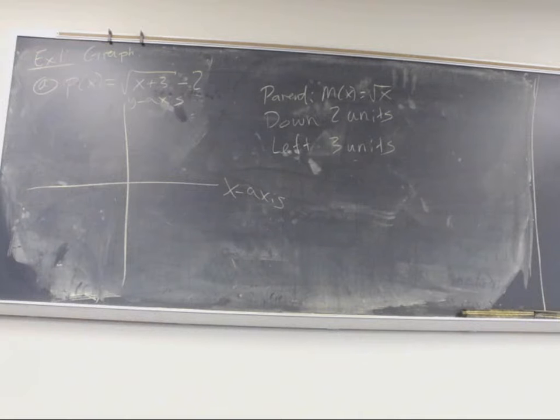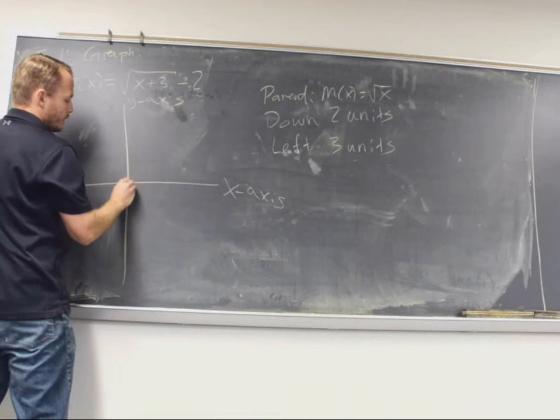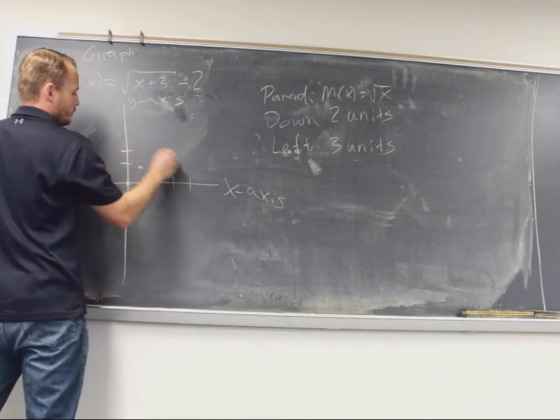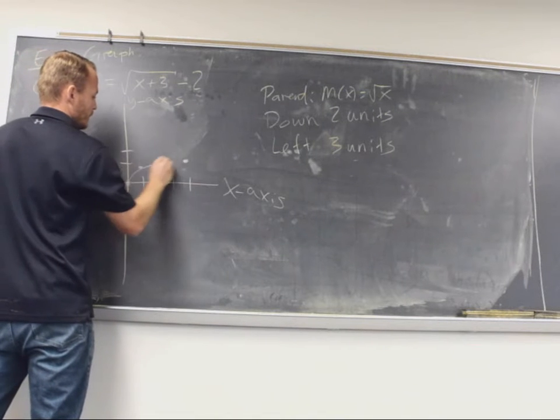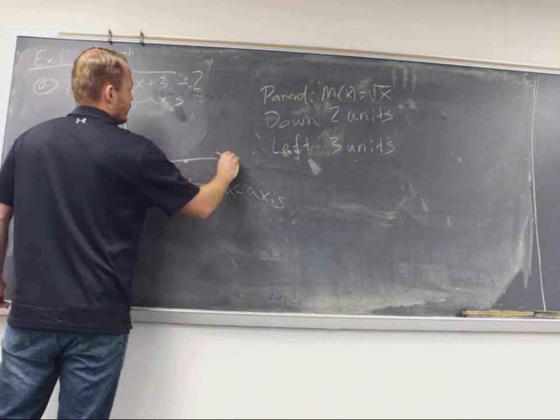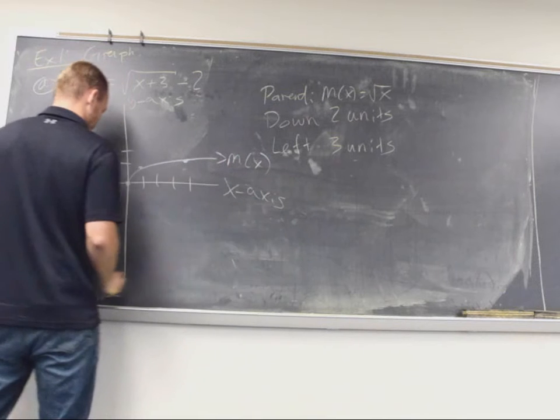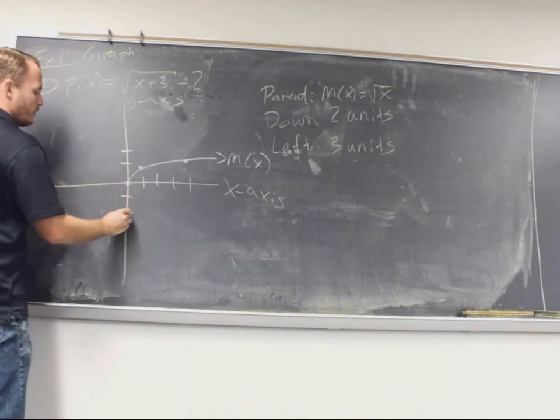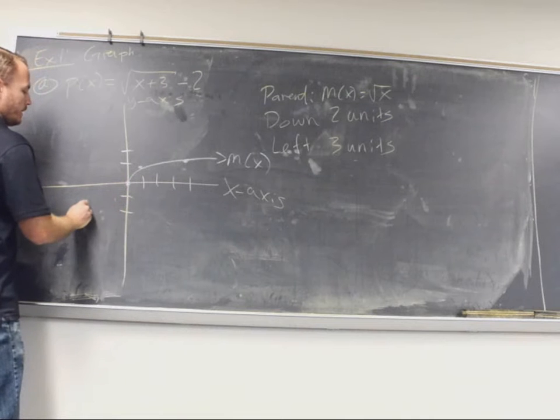Start by graphing your parent function, which is the square root of x. Hopefully by now we've gotten these down: 0, 0; 1, 1; 4, 2. This is m of x. Now we want to take each of these points and go down 2 units and left 3.